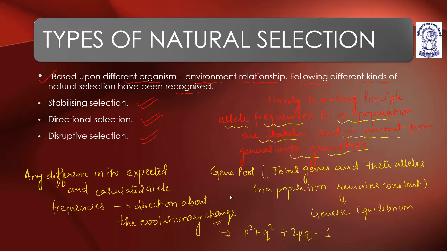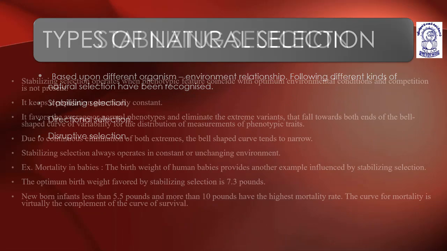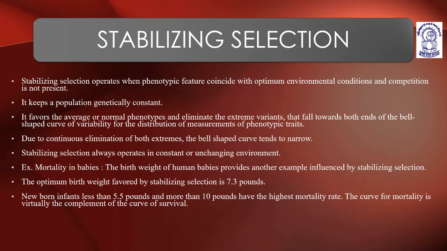Now, we will be discussing all three types of selection: stabilizing selection, directional selection, and disruptive selection. Stabilizing selection operates when phenotypic features coincide with optimum environmental conditions and competition is not present.